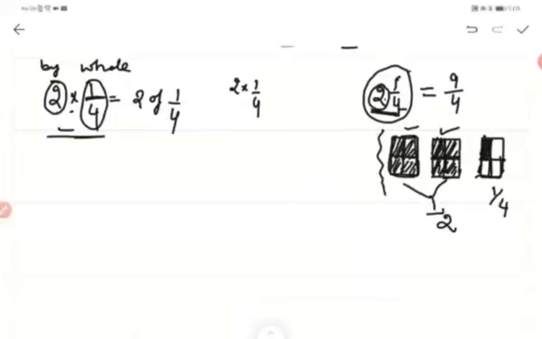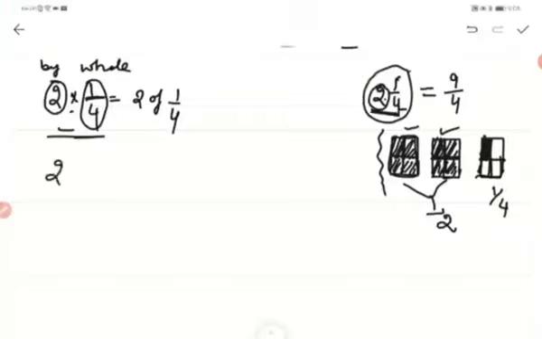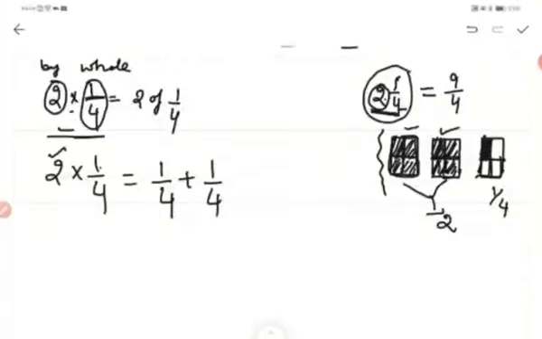Let's see how to draw this product in pictorial form. So I have 2 into 1 by 4. This is nothing but adding 1 by 4 two times, isn't it? 2 times 1 by 4 is nothing but 1 by 4 plus 1 by 4.